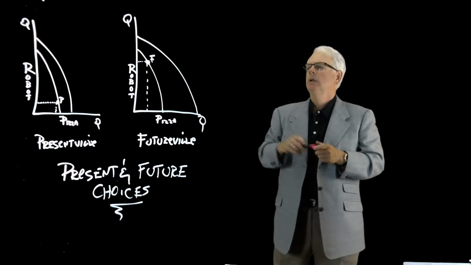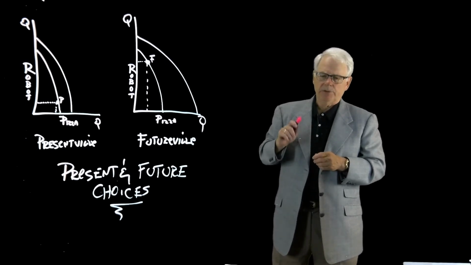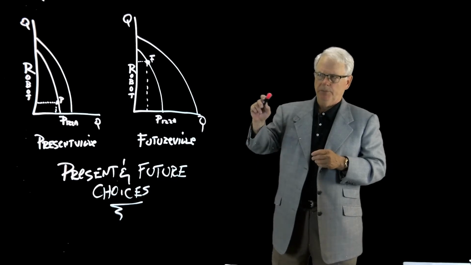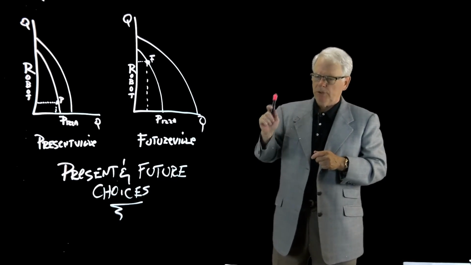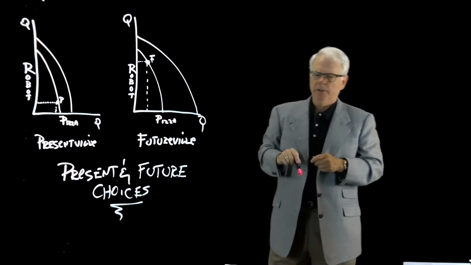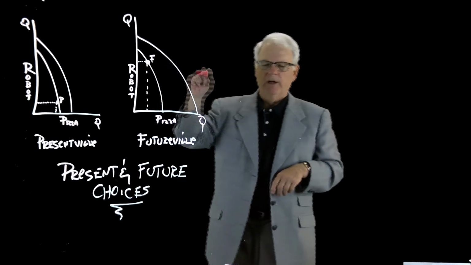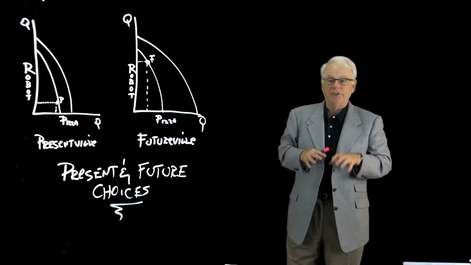However, in the case of Futureville, their production possibilities curve, in terms of the ability to make both more robots and consume more pizza, is much greater because in the near term, they prefer to make more stuff that can make stuff for the future and not consume it all today.